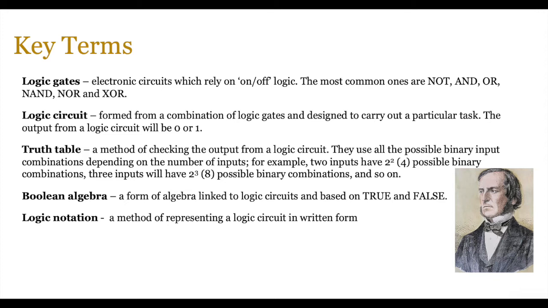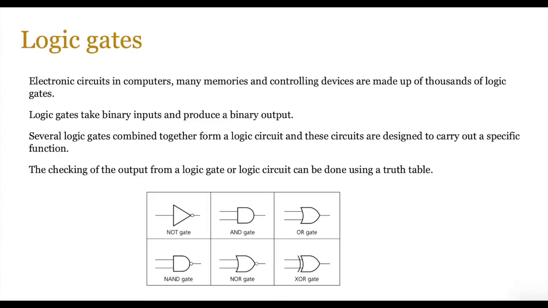And in 1854, he published a book called An Investigation of the Laws of Thought, which showed for the first time the manipulation of symbols in equations can be used reliably for logical deduction, and even introduced mathematical probability to the world. But we're interested in logic gates, so let's look at logic gates in a bit more depth.